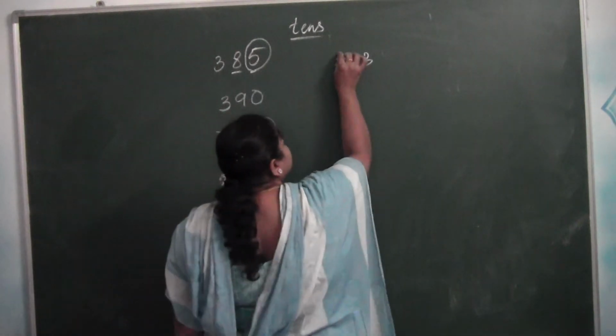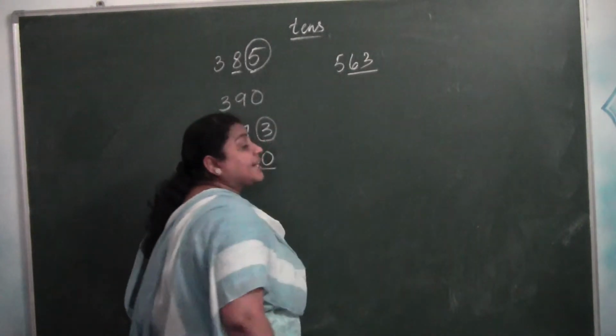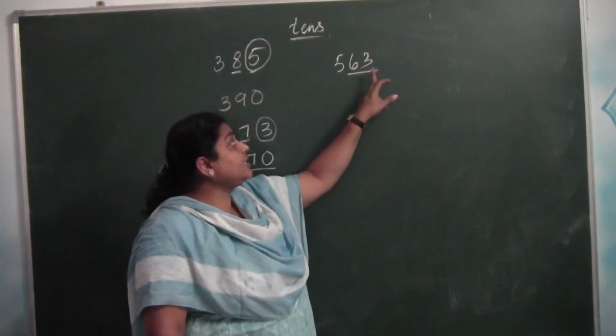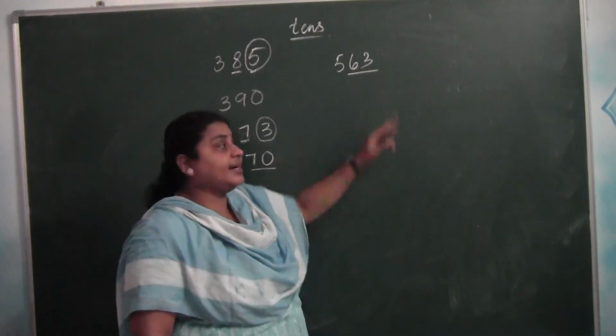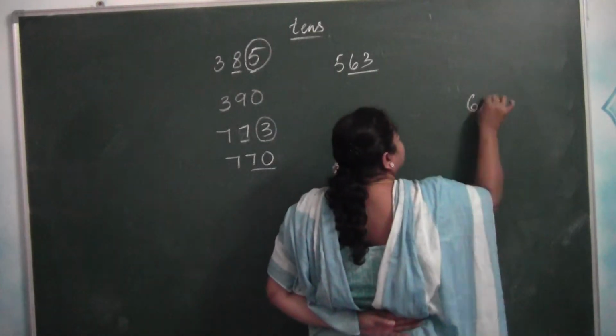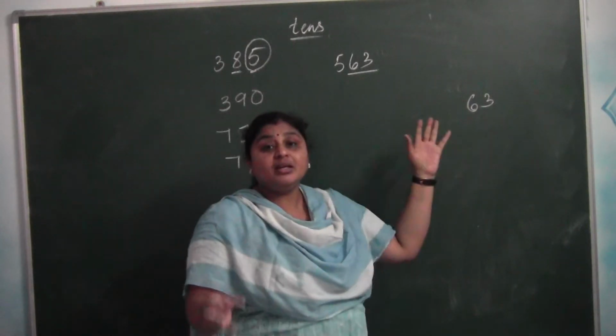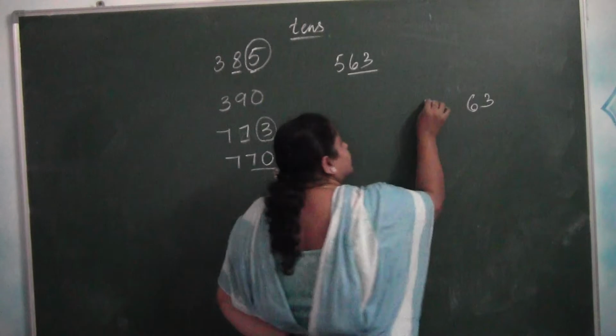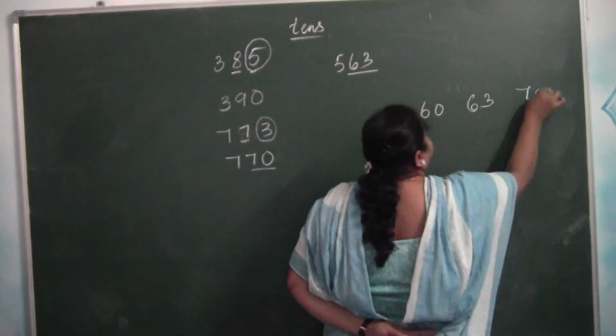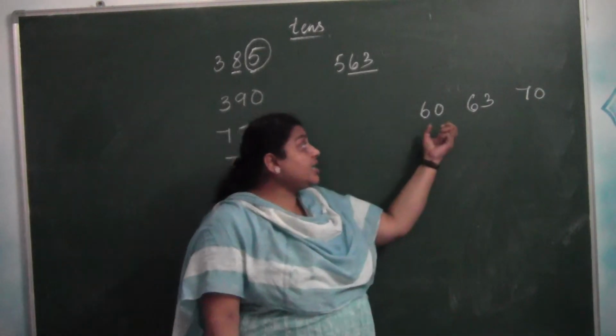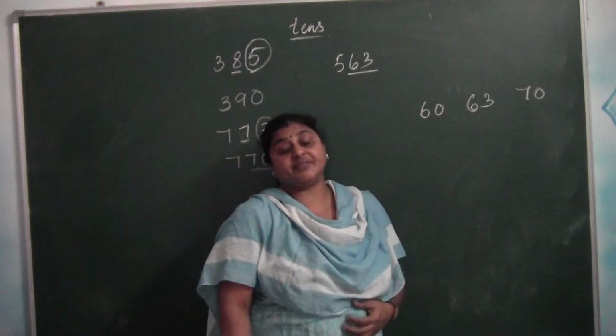So let us underline the digits from tens place value. Tens digit and units digit I have underlined it. So what is the number I got? 63. Okay, now 63 lies between which tens? 60 and 70. Am I right? 63 lies between 60 and 70.